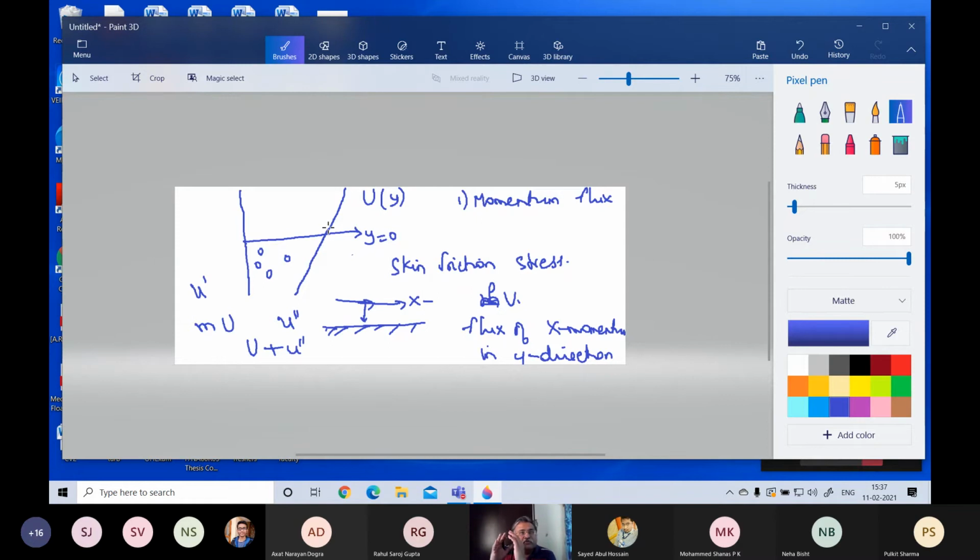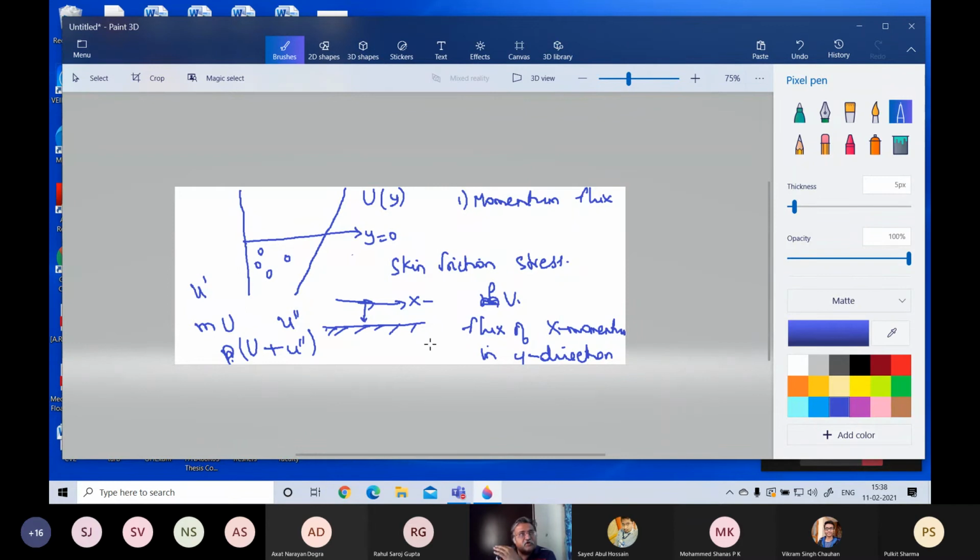The fluid motion is superimposed on the molecule, and therefore the total velocity of the molecule is u double prime, which is its internal velocity, plus u, which is the velocity of the fluid. So rho into this will give you the momentum per unit volume in the x direction. And to get the momentum flux, you have to do momentum into the volume flux.